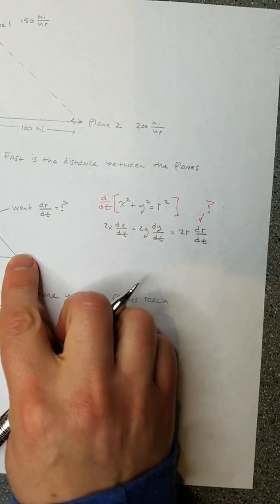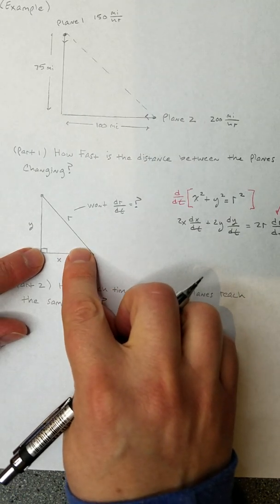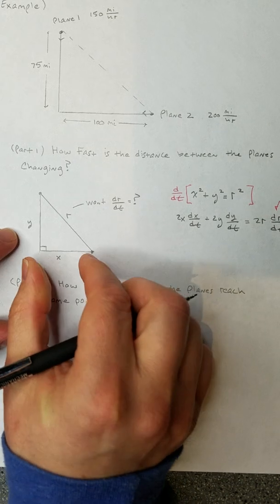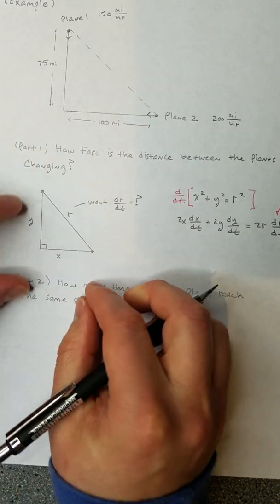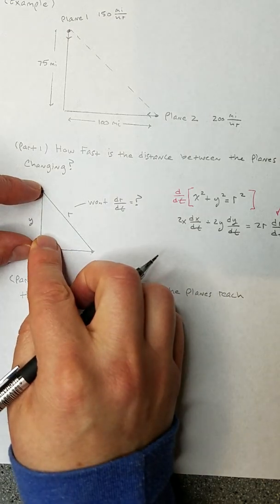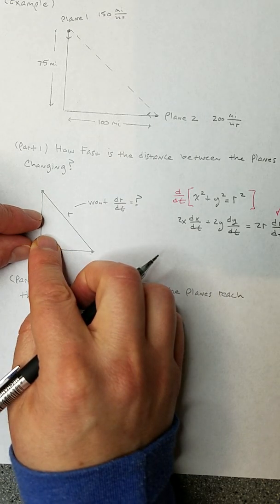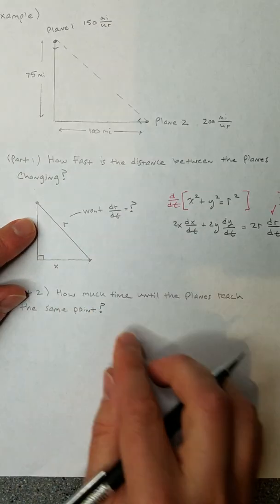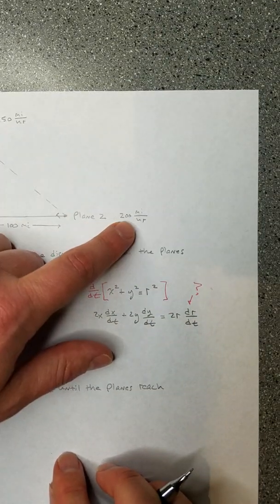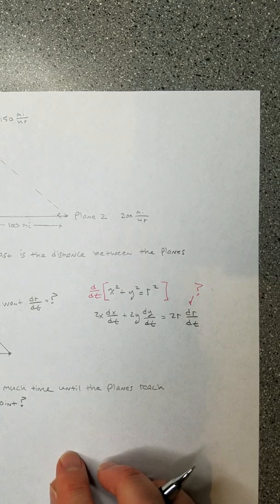Do you know how fast this part is changing, as the plane here flies that way and the base of the triangle shrinks? Or do you know this one? Do you know how fast the vertical, the height of the triangle, shrinks as this plane flies that way? Yeah, this plane's flying at 150 miles an hour and this one 200. So we happen to know both of those.